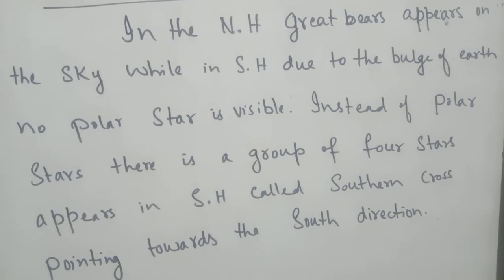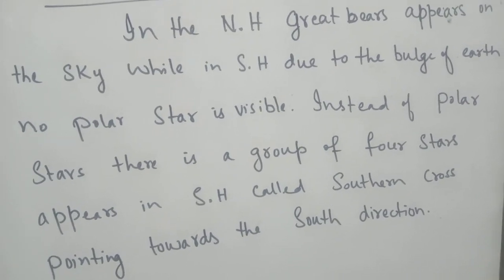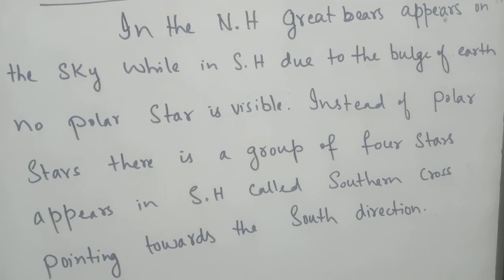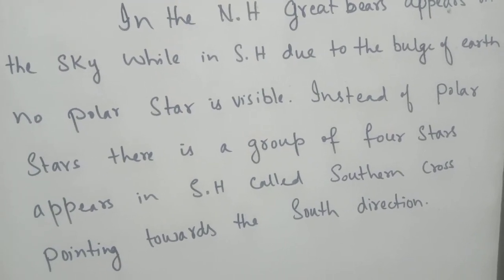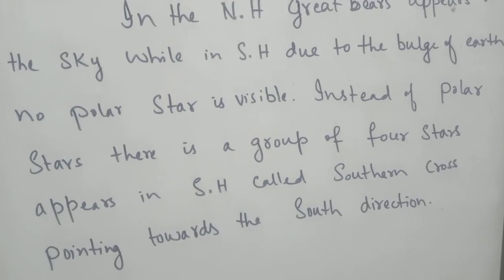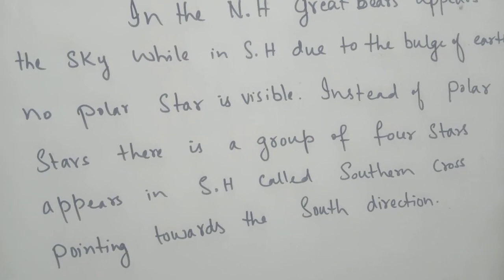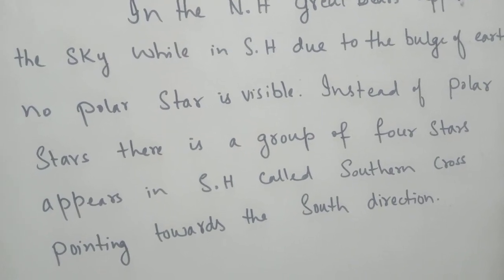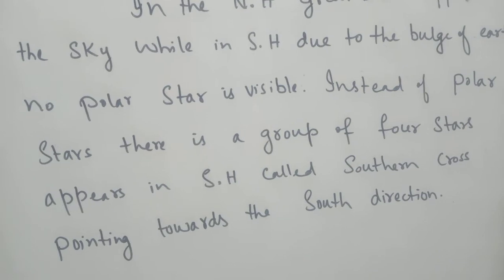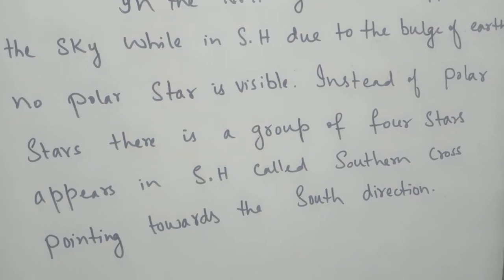But what's the difference in this method here in the southern hemisphere? In the southern hemisphere, due to the bulge of the earth, there is no polar star. The earth has a bulge, and due to this bulging property, the polar star is not visible in the sky. So instead of the polar star, a group of 4 stars appears in the southern hemisphere.